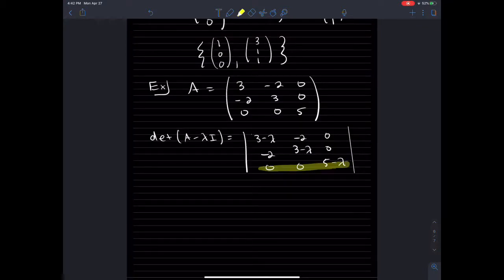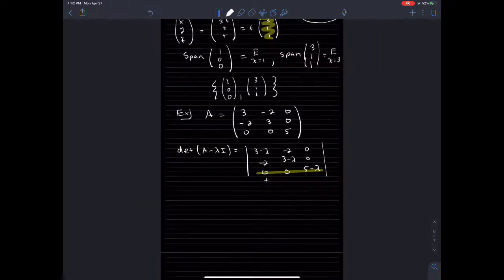So I guess this is going to be the winner. Plus, minus, plus, plus, minus, plus. Yep, so it's plus. It's equal to 5 minus lambda times 3 minus lambda quantity squared minus 2 is minus 4.